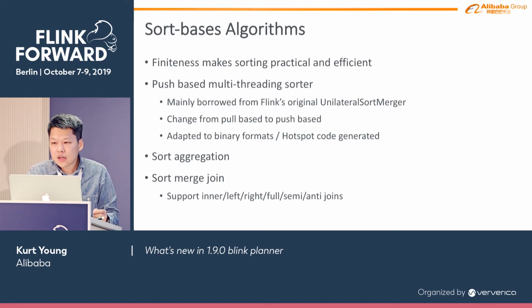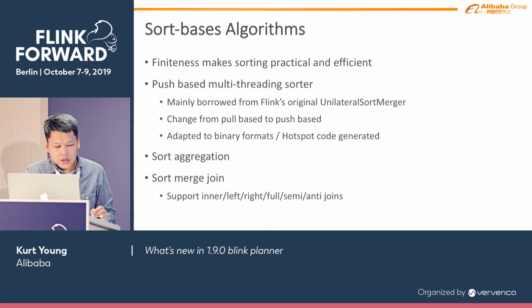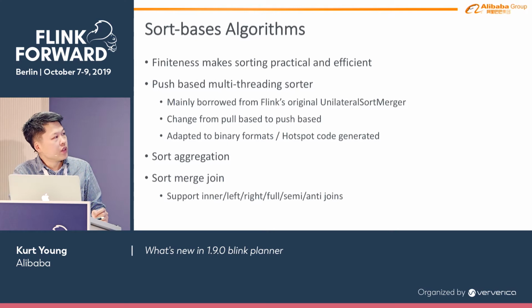Because if the data is finite, we can use a lot of more efficient algorithms like sorting. It's very common for batch to sort something, and we have a lot of efficient sort algorithms, so first we introduced a push-based sorter.